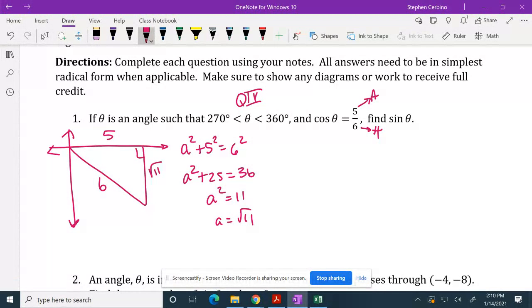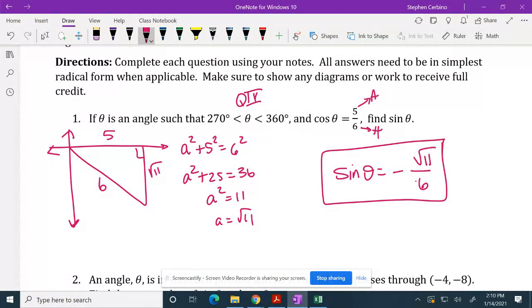Okay. And it wants us to find the sine of theta. So the sine of theta in quadrant 4 is going to be a negative number. Remember, the triangle doesn't help you find out if it's negative or not. And it's going to be the opposite side, so square root of 11 over the hypotenuse of 6. Remember, the angle that we're using here is the one closest to the origin.